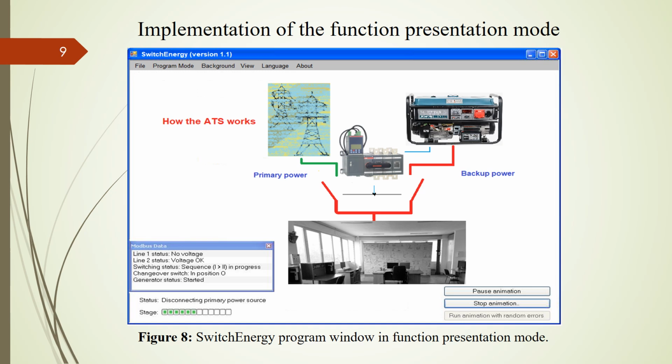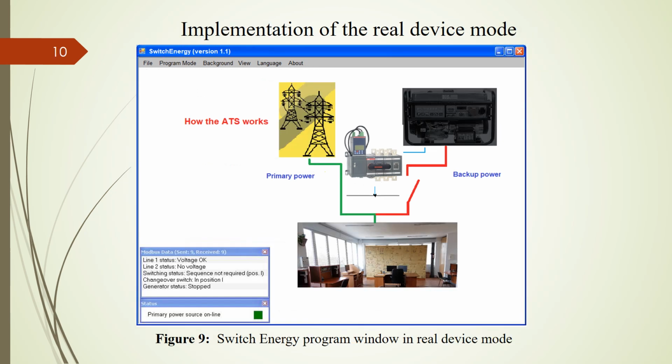Colors and brightness of image change depending on the activity of the device or image object. The view of the program window is the function presentation model is shown in Figure 8. Light indicator shows the receipt of electrical energy by the laboratory equipment, Figure 9.